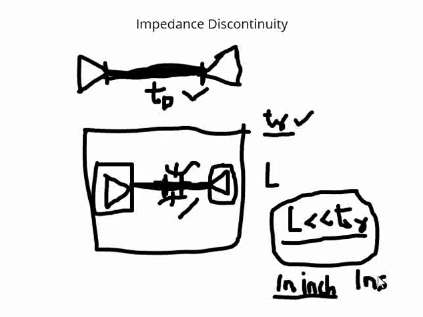But definitely, if the rise time is larger than this, and the length becomes practically achievable, then it is possible. Then again, it comes under the criteria of not a high speed signal, but a low speed signal. So I hope we have given some input on impedance discontinuity.